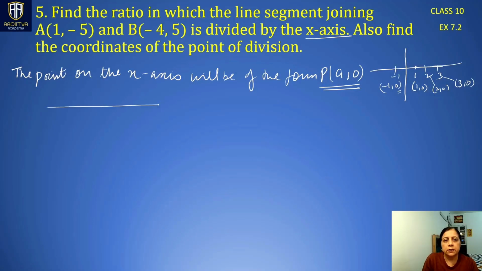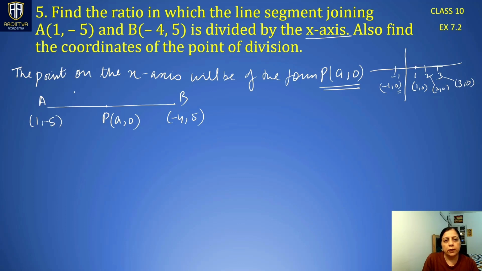AB is a line segment. A is (1, -5). B is (-4, 5). This point P lies on the x-axis, so I am writing this as (a, 0). So now he says find the ratio.